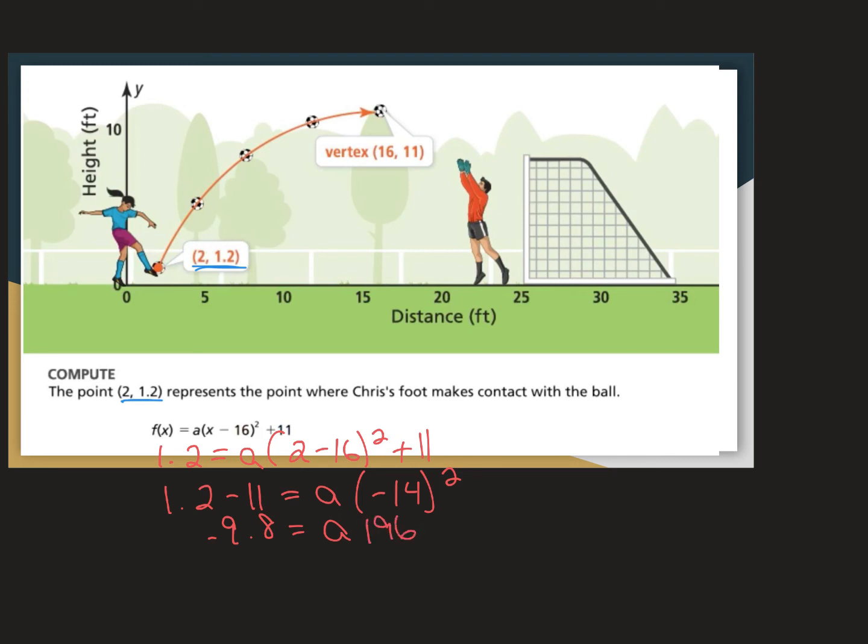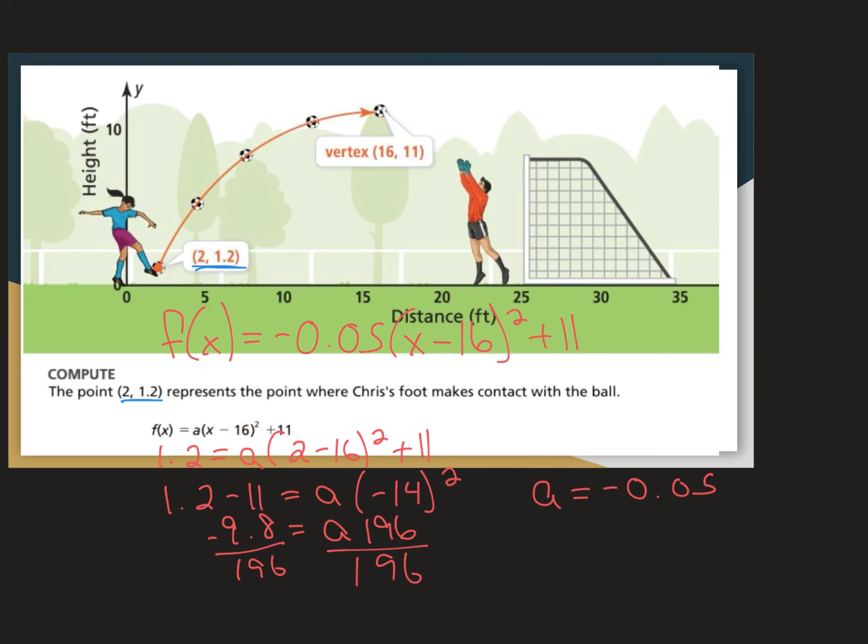So I need to divide both sides by 196. So I end up with a equals negative 0.05, which means now I know my entire equation is f of x equals negative 0.05 times x minus 16 squared plus 11.